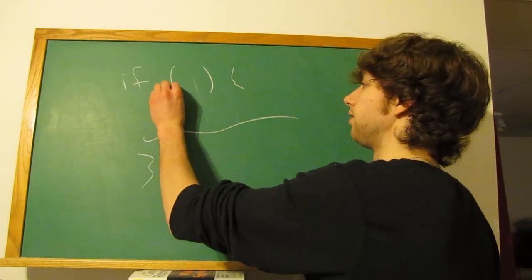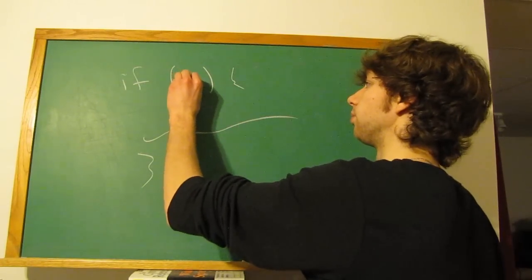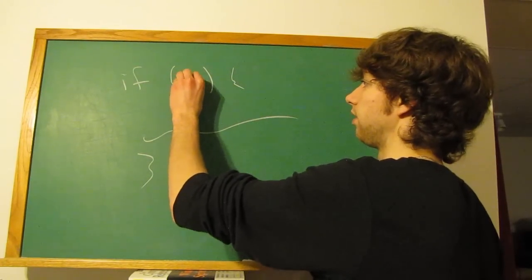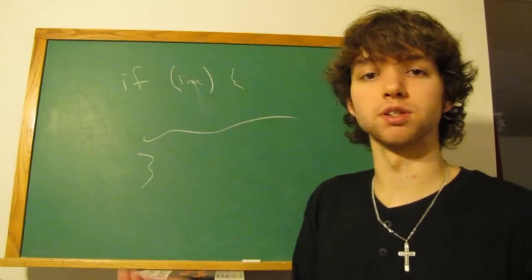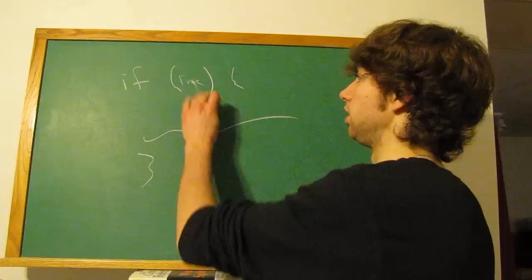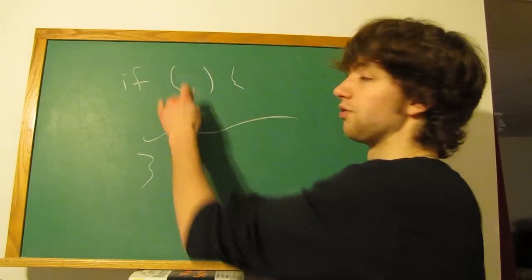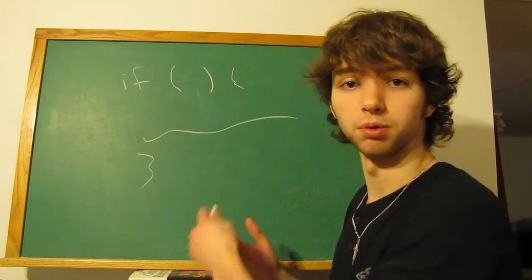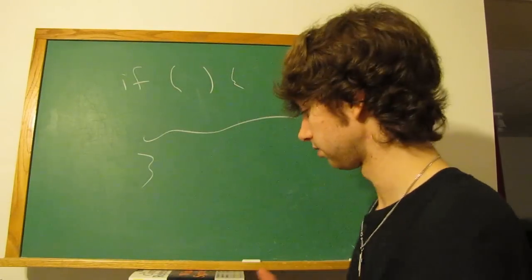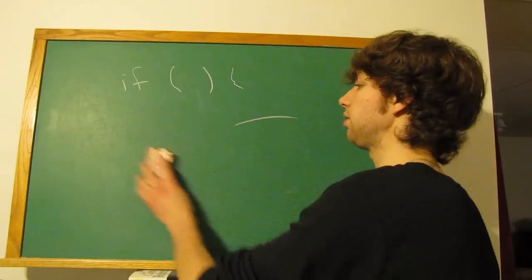So basically, if true, then this is run. We could put that function in there, and then the result of that function is going to be used in the testing. So if it is set, we do what's here, and if it's not set, we do the else clause or nothing. So that's the basics of how it works.